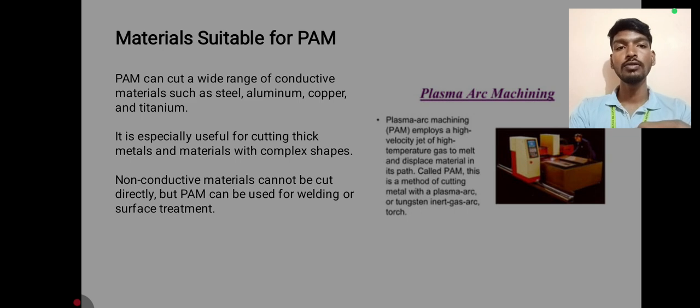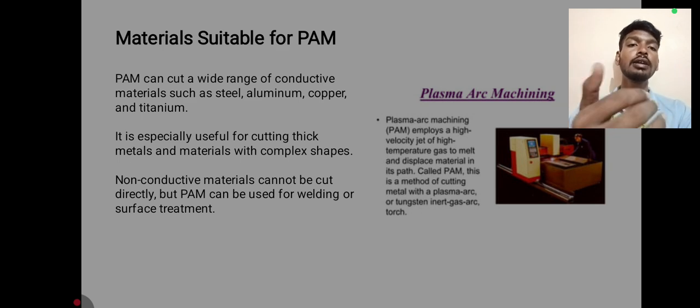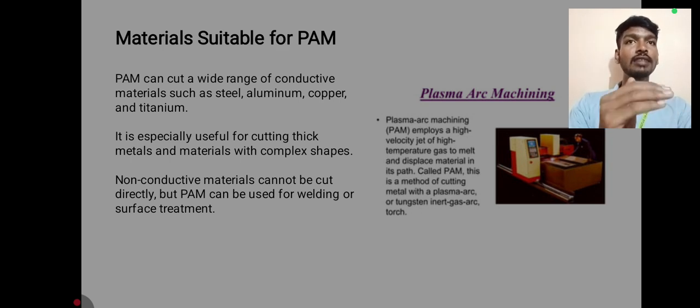It is especially used for cutting thick metals and materials with complex shapes. Non-conductive materials cannot be directly cut by PAM because they cannot conduct electricity, and plasma cannot cut these materials.